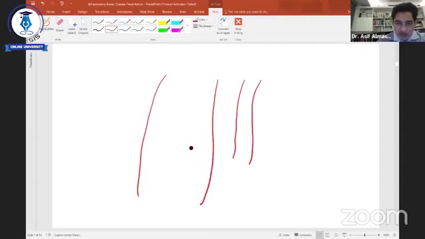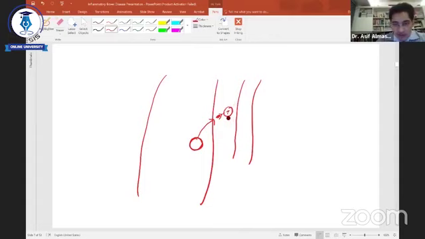Now, if there are some bacteria that enter the wall, this bacteria is a particular antigen. Now, this particular antigen binds with an immune cell. For example, let's say it's a T cell.